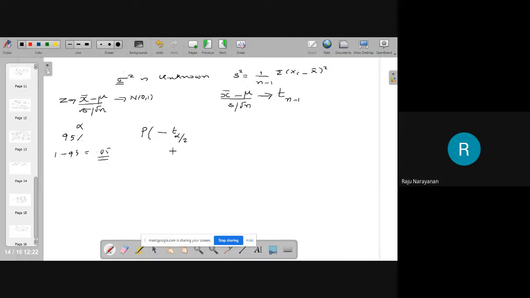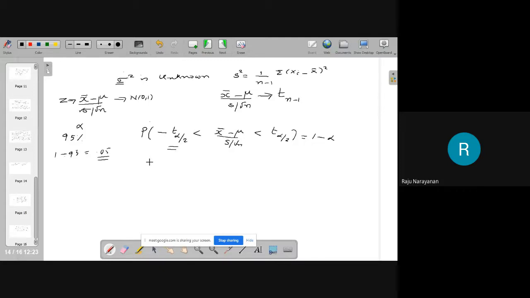Therefore, minus T alpha by 2 less than x bar minus mu by s by root n, it's a symmetric function, less than plus T alpha by 2, this is equal to 1 minus alpha. Now you cross multiply and do all the exercise, you will get an interval.